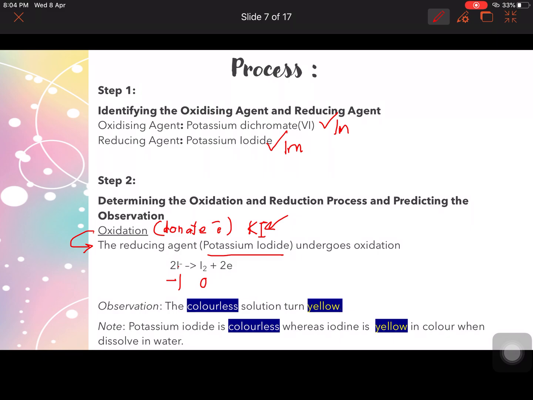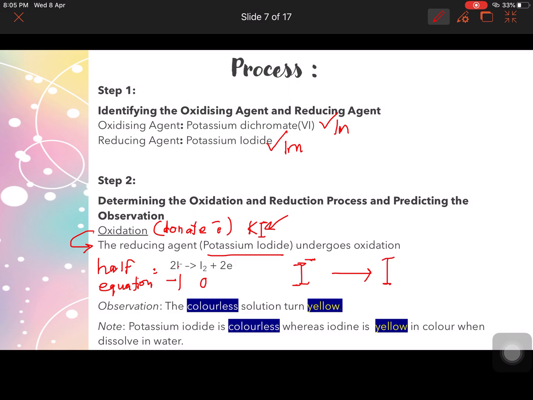When you do the half equation, the iodide ion donates electrons, discharging its charge, so it becomes neutral.